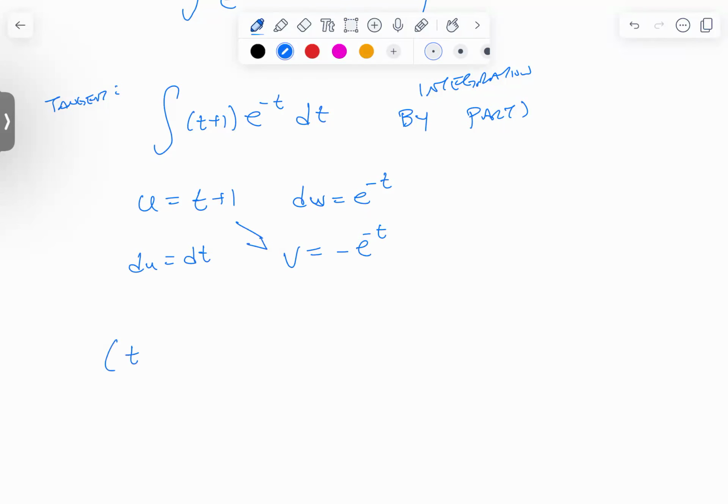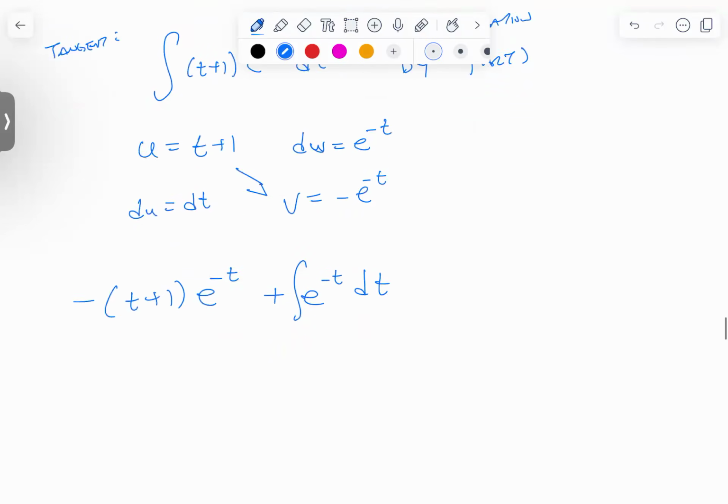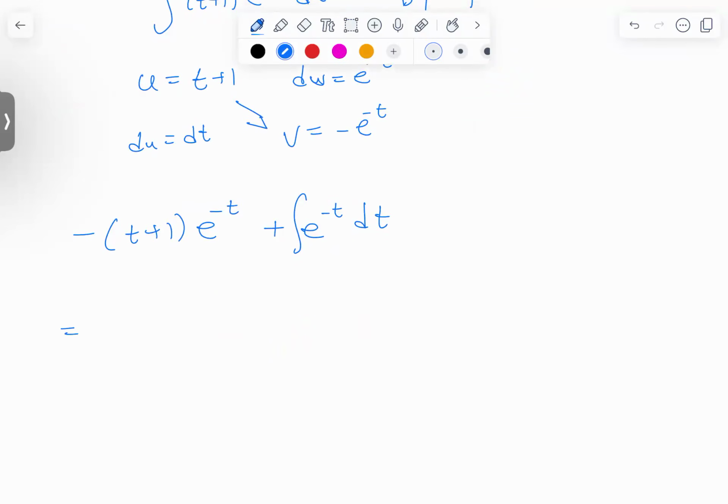So t plus 1, negative t minus, which becomes plus e to the negative t dt. No, I messed it up. It's okay. You're not the only one today. It's like e to the negative t.